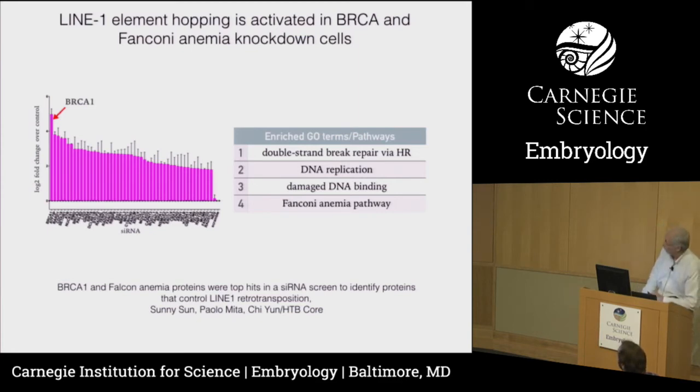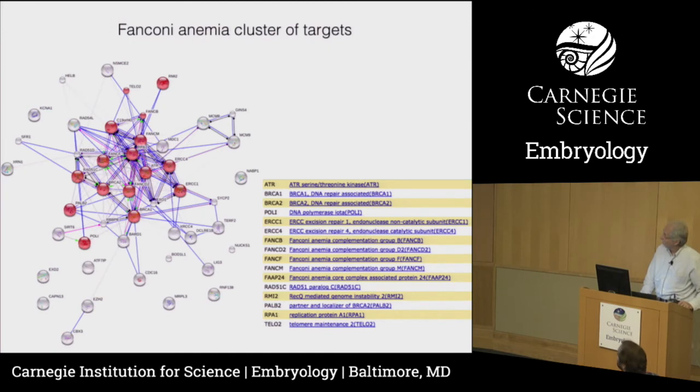So this is one more piece of evidence that leads us to suspect that the replication fork itself is the target. So this just shows some of the hits that came up in our screen, and that they're a well-known cluster of proteins that work together.